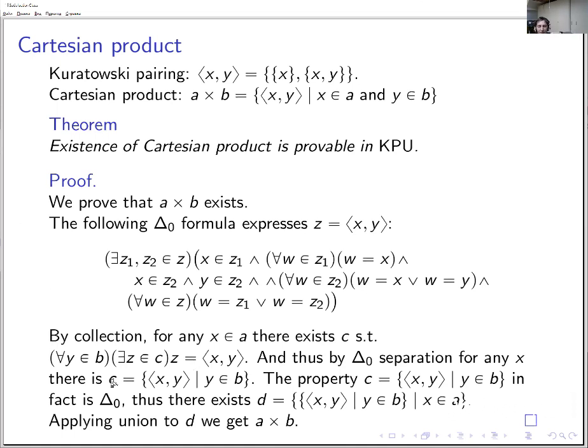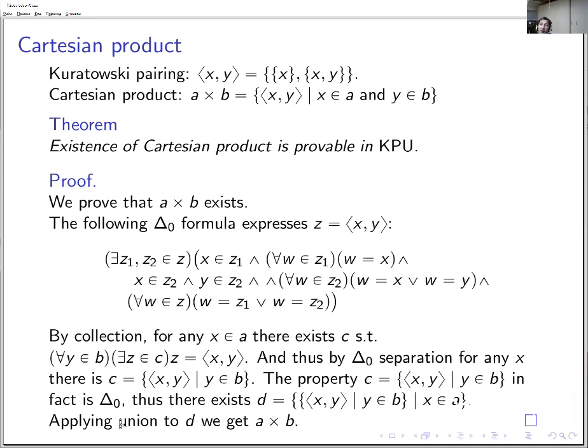is expressed by a property where C is equal to this set. This is a property with two arguments, C and X, so it's also delta zero. Then we apply collection to this property. Because now we know that for all X there exists this section of the Cartesian product, we have an encompassing set that contains every single section.